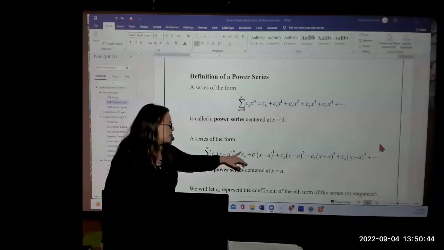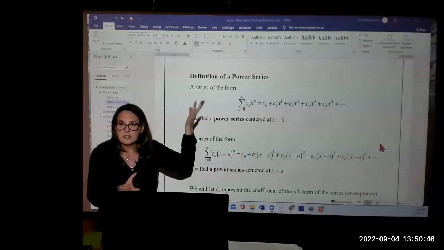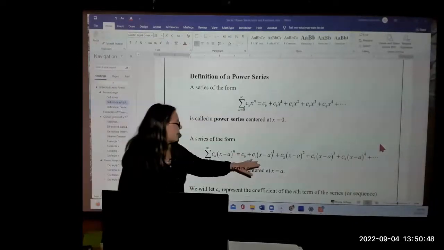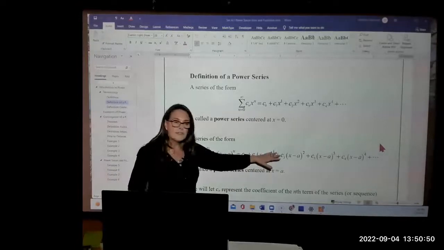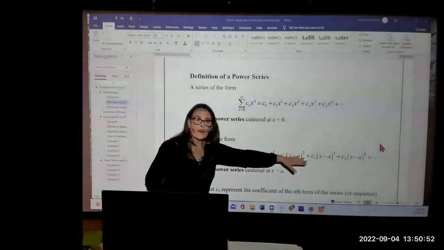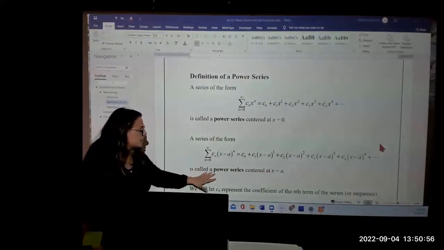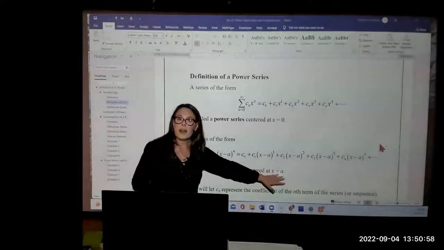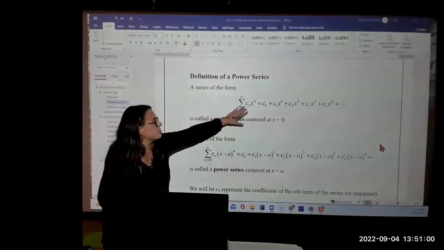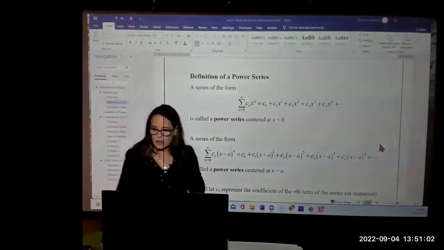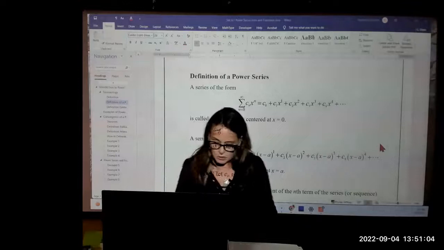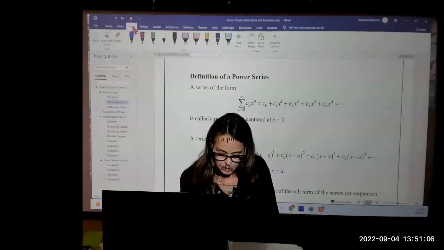So you have c sub 0, x minus a to the 0th, which is 1. And then c1, x minus a to the first, c2, x minus a squared, and so forth. All right, now we would call this a power series centered at x equal a. And in fact, if you think about this one right here, we could rewrite it in such a way that it looks like the other one.